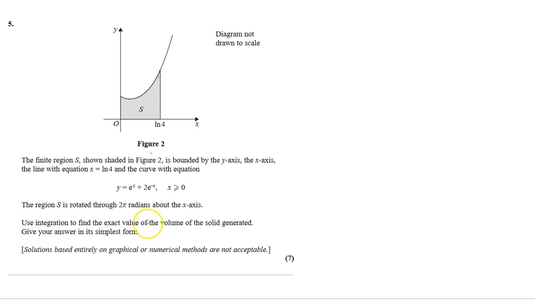Use integration to find the exact value of the volume of the solid generated. Give your answer in the simplest form. So this one is rotated. So let's assume this one.